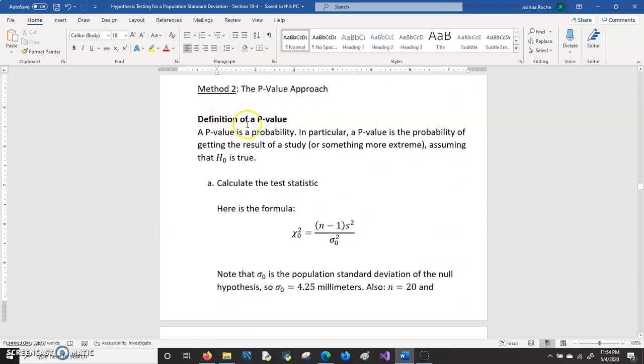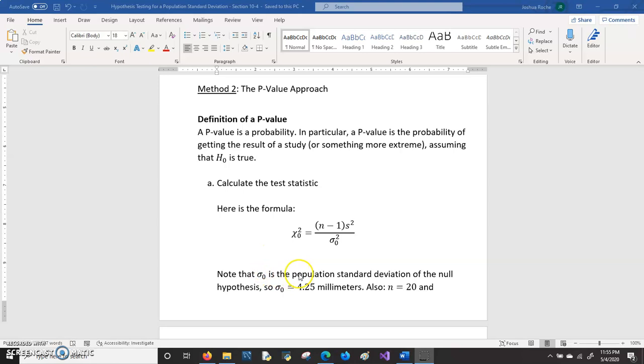So remember that p-value is a probability, and in particular a p-value is the probability of getting the result of a study or something more extreme, assuming that the null hypothesis is true. The first step that you'll take if you're doing the p-value approach for this hypothesis test is to calculate the test statistic. So again, here is the formula for the test statistic.